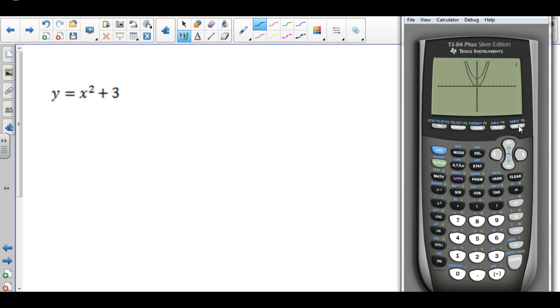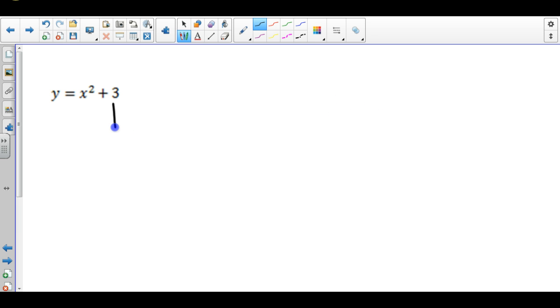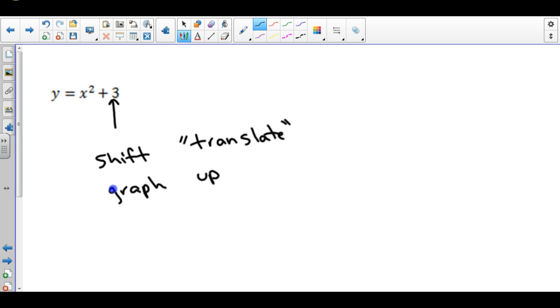So my original function is up there, and it looks like it basically just takes that parabola and shifts it up 3. So this value is going to shift, which we're going to use the word translate. It's going to translate the graph up or down.